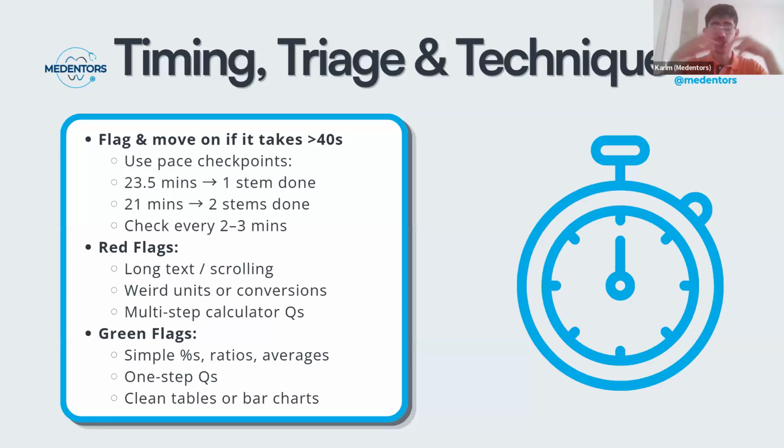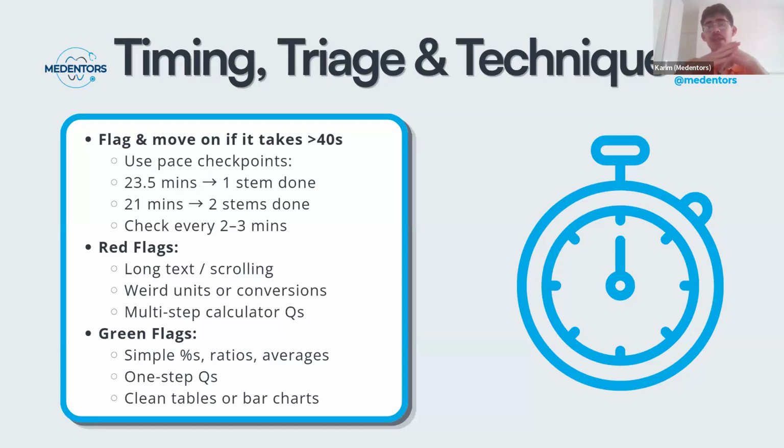Then there's the green flag questions, the easy ones, which are 1 or 2 steps, maybe 3 steps. But they're easy ones, they're straightforward. You look at it and you know exactly what to do. It's not like you have to figure out what you need to do. That's the red flag ones. And they're clean tables, they're clean bar charts, and so on and so forth.